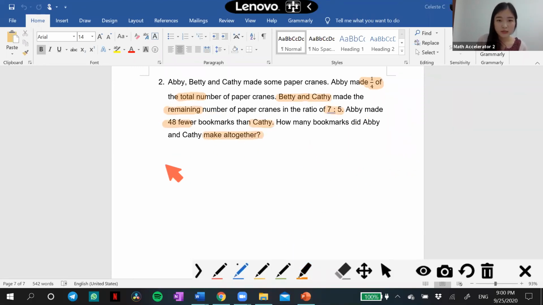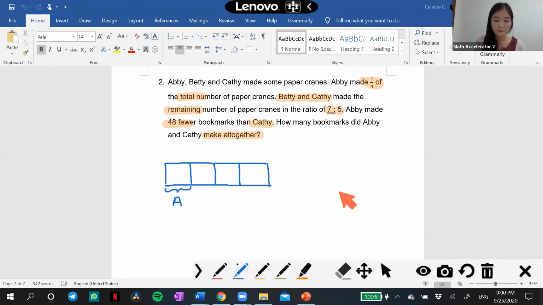So first of all, Abby made 1/4 of the total. So let's draw a model, right? This is all the paper cranes. And Abby made 1/4 of it. So this is for A, Abby. Betty and Katie made the remaining number of paper cranes.